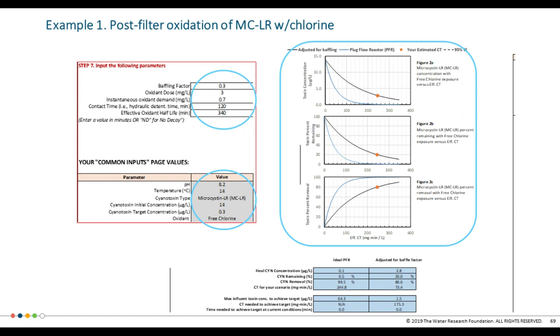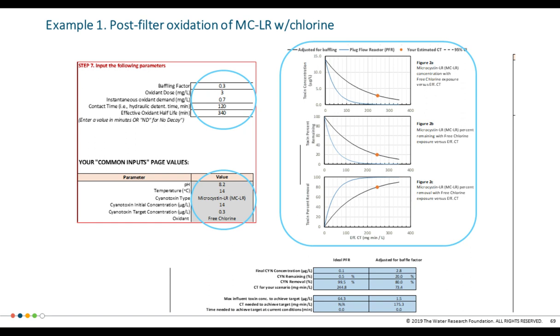So this is an example of one scenario, microcystin LR with free chlorine. You can see that this is at pH 8.2, a certain temperature. It's microcystin LR, initial concentration of 14 with a target concentration of the health advisory using free chlorine. And then we have a baffling factor set of 0.3, an oxidant dose, instantaneous demand, contact time.